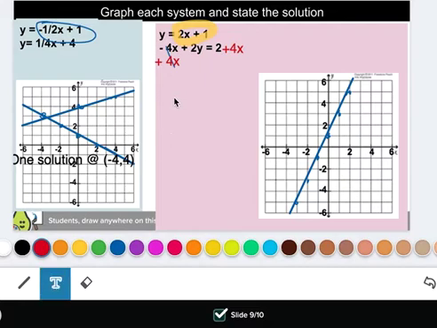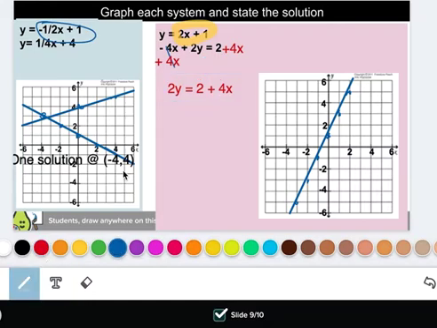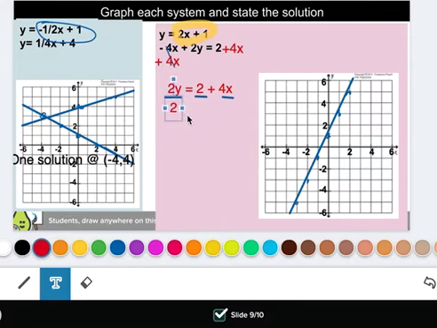So you have 2y equals 2 plus 4x, and then divide all of them by the 2. You get y equals 1 plus 2x.